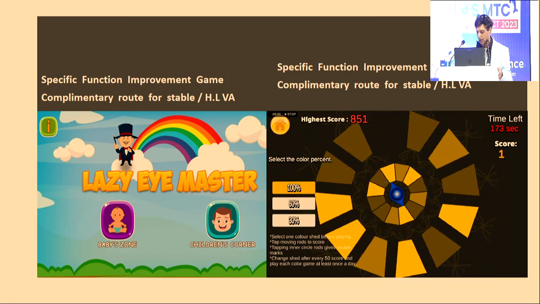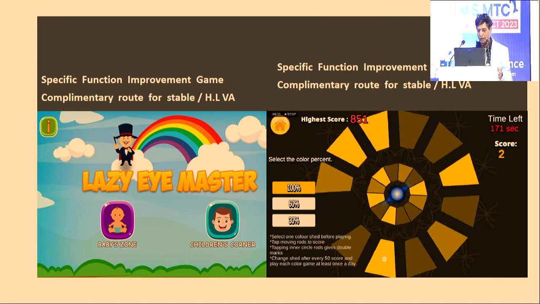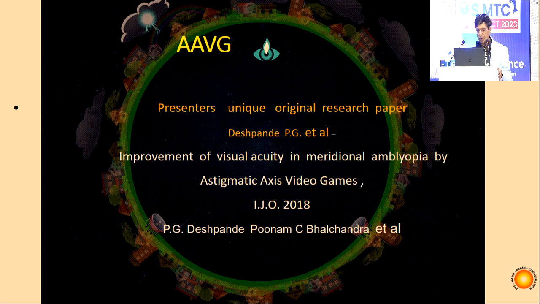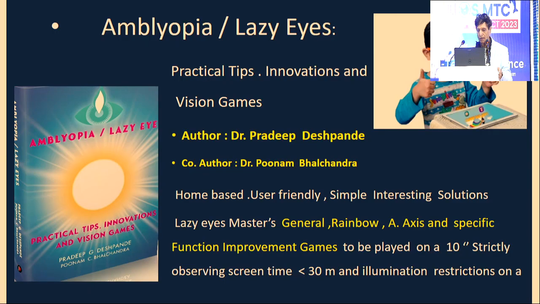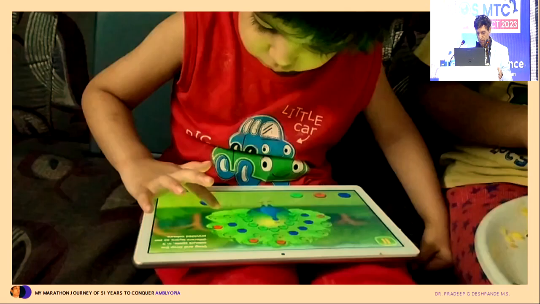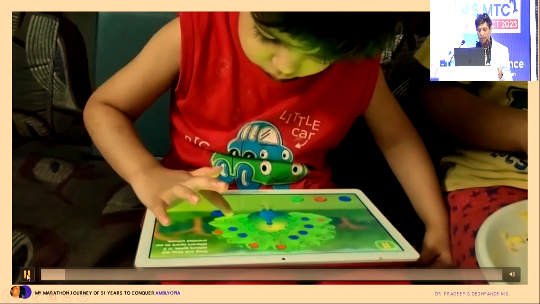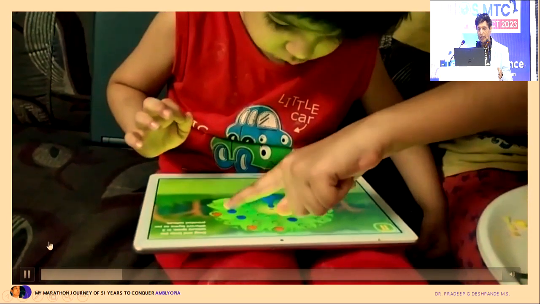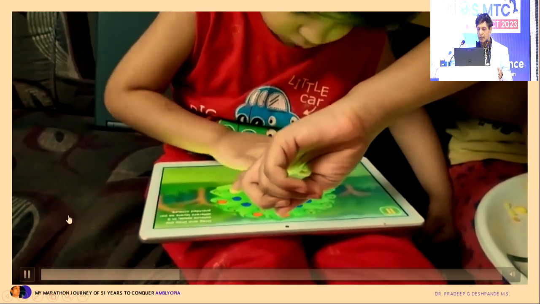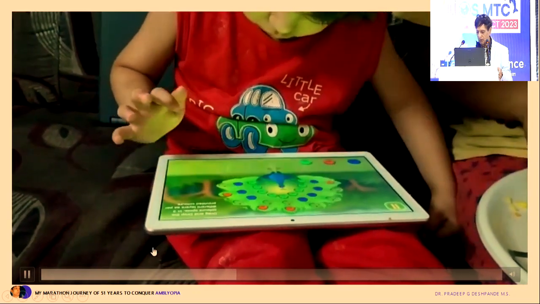You have to tap that particular color and score marks. Then one more axis game, especially for meridional amblyopia, and children can easily play. You can give a tab to children only after 2 years.